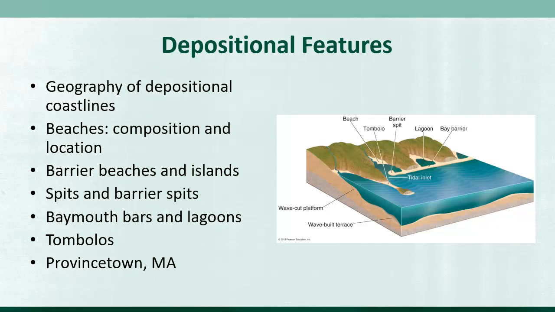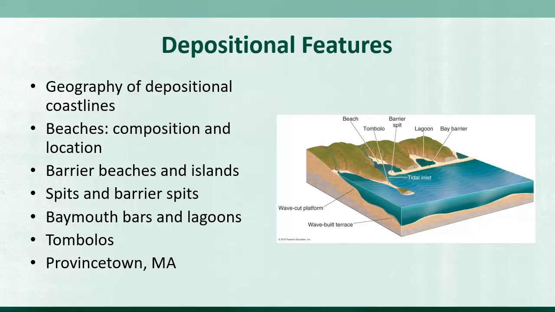Before I look at a couple of maps, because we're going to look at the Morro Bay map and the Provincetown map, let me just say that there's a real geography both to erosional coastlines and to depositional coastlines as well. And we're going to see that reflected somewhat on the next couple of maps. While the Morro Bay map is going to show erosional, some depositional features, it's largely an erosional map.